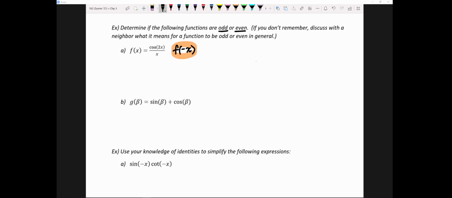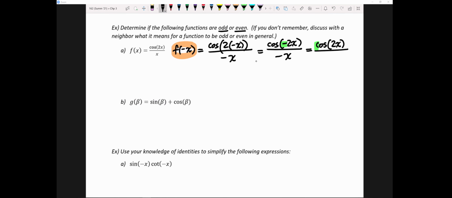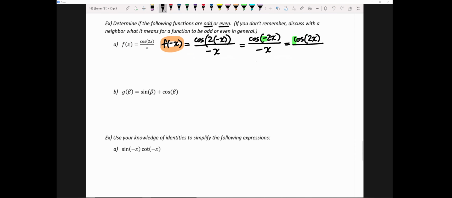Let's take a look. We're going to negate the input and simplify. So we get cosine of negative 2x over negative x. Cosine is an even function, so cosine of negative 2x is equal to cosine of 2x, since cosine is symmetric about the y-axis.